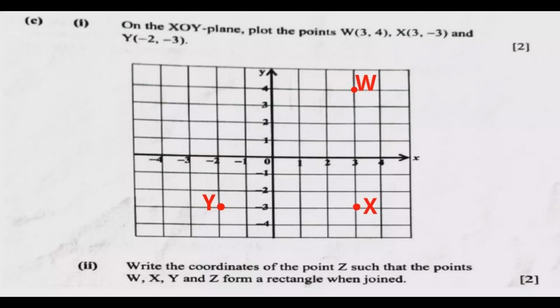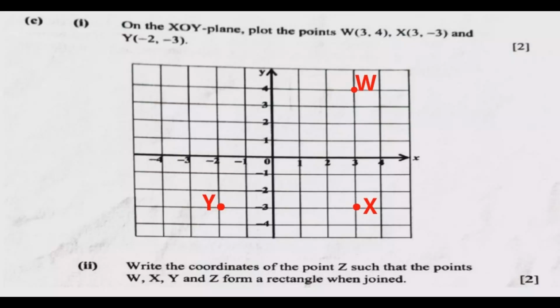So that means the line YZ and the line XW are equal in length. So what we're going to do now is draw the lines that will join these points, bearing in mind that line ZY and WX are equal.